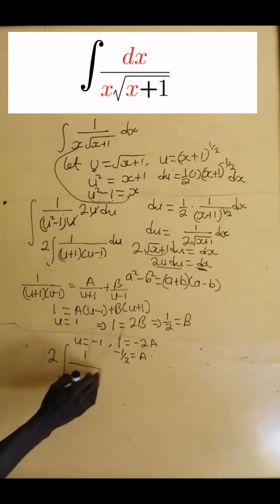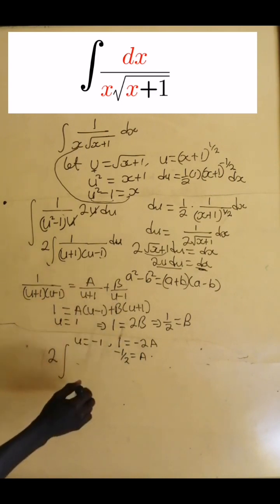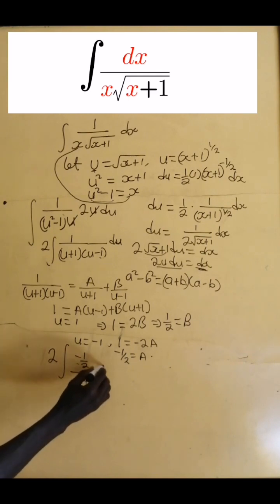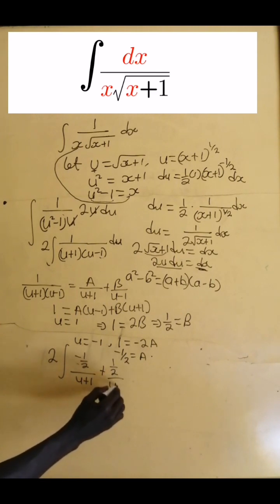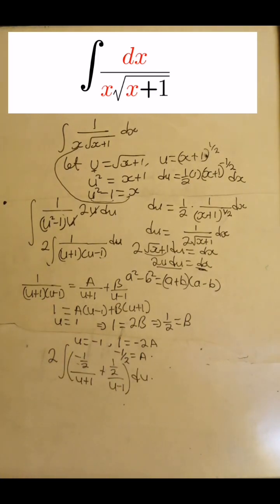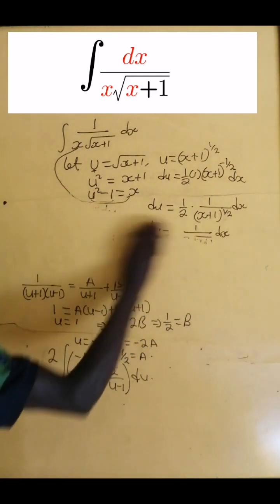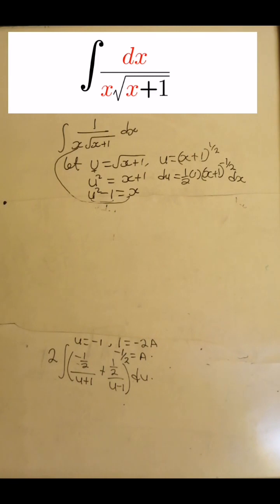So this gives 2 times the integral of negative 1 divided by 2 all divided by u plus 1, plus positive 1 divided by 2 all divided by u minus 1, du. Now, here we can factorize the numerator out in a very simple way. So, let's see how we factorize the numerator out.